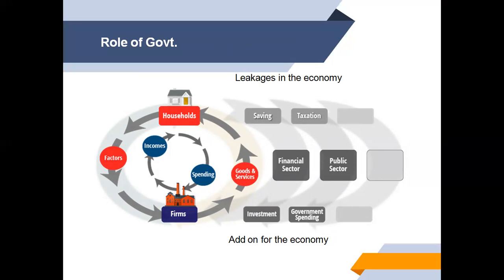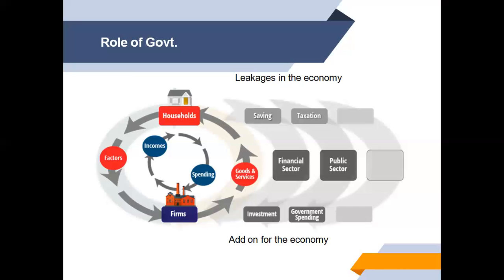But the government also spends on certain projects, especially in the area of public transportation, infrastructure development, healthcare facilities, and all. So all that spending goes to the market, to bring these sectors up. Government also requires factors of production.